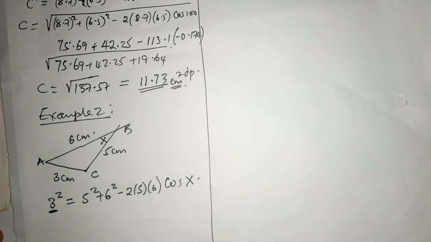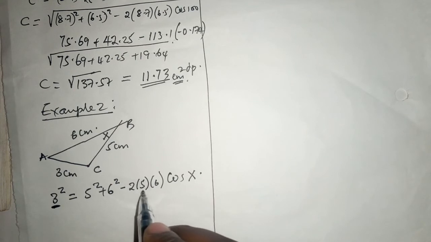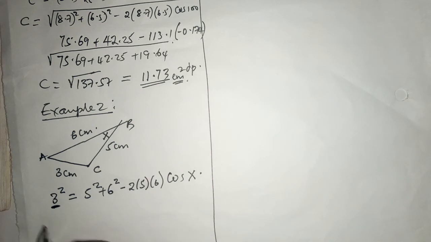This one is simple because 5 times 6 is 30, times 2 is 60, so it's going to be 60 cosine x.